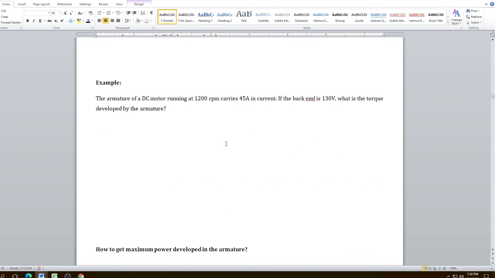So let's have an example. The armature of a DC motor running at 1,200 RPM carries 45 amperes in current. If the back EMF is 130, what is the torque developed by the armature?